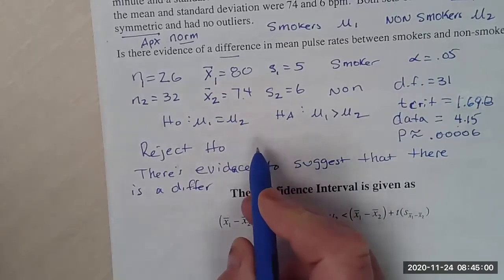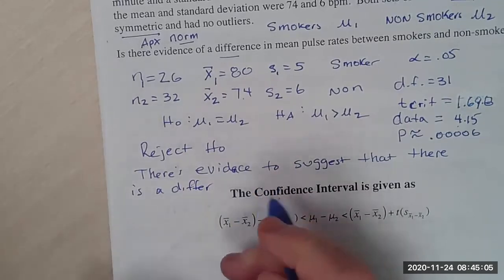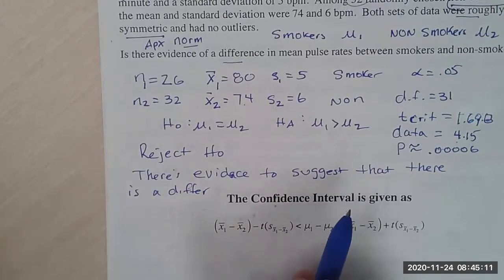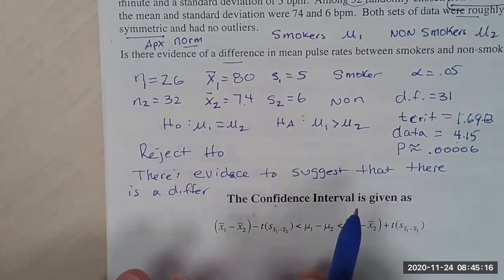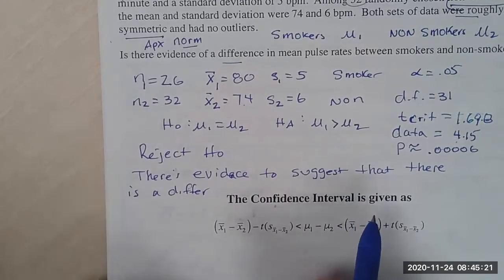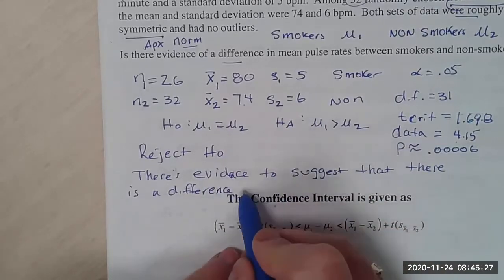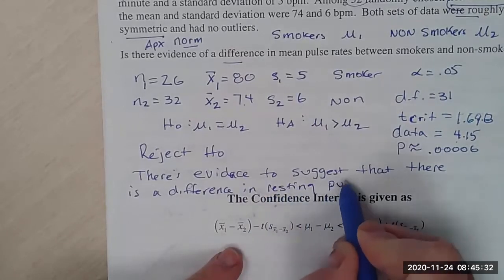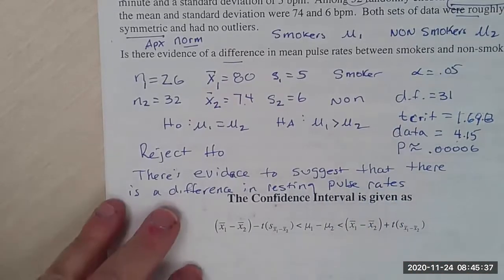Matter of fact, it's a positive difference, meaning that the resting pulse rate is definitely worse for smokers than for non-smokers. The pulse rate is greater. It's a bigger number, so it's worse. There is a difference between the smokers and non-smokers.